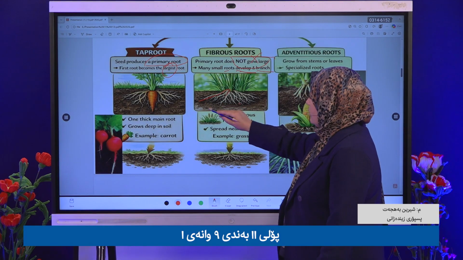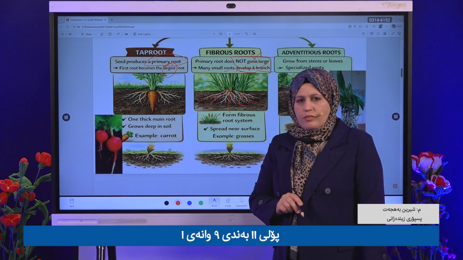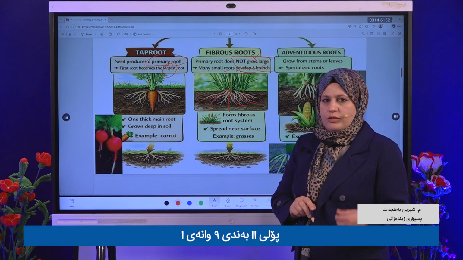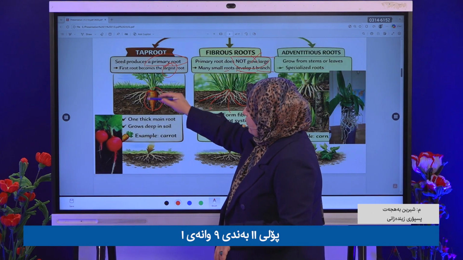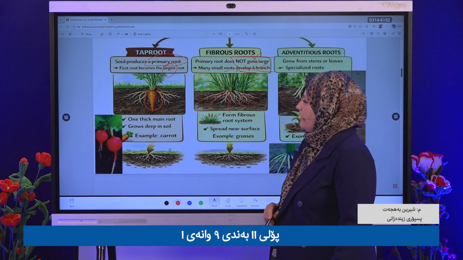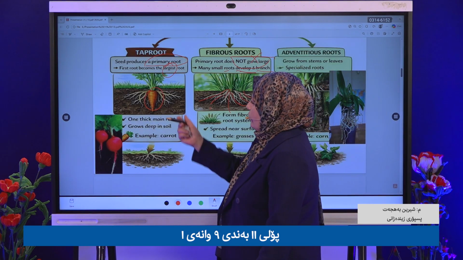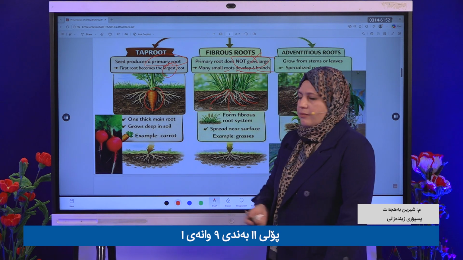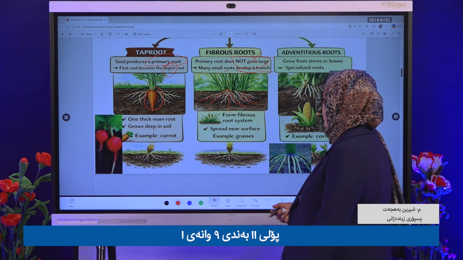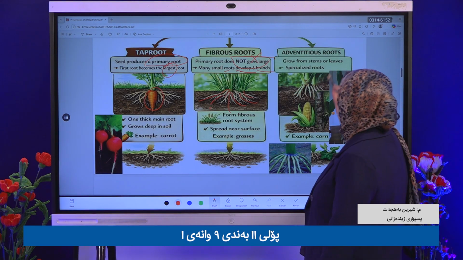Look at the roots: there are many small roots, and they are branched. But in taproots, one part of the root became larger and stored carbohydrates or nutrients, for example, carrot. Clear?